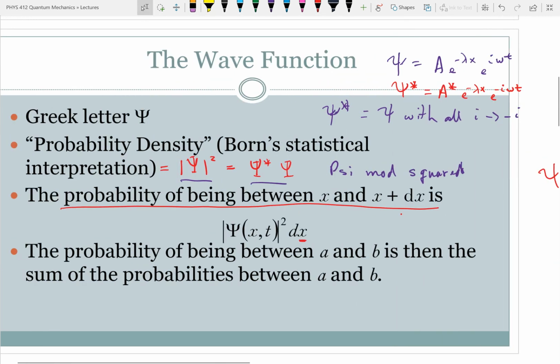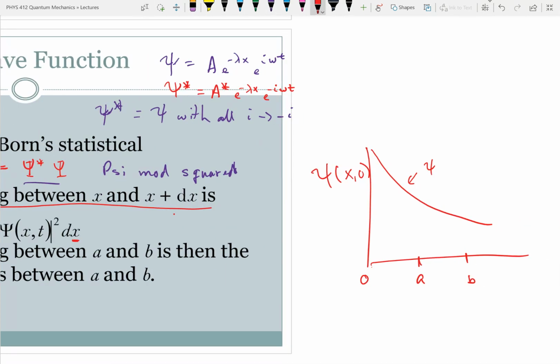So I'm going to find the area under the probability density curve. Here I wrote psi, the probability density curve. I'll change color so there's less confusion.